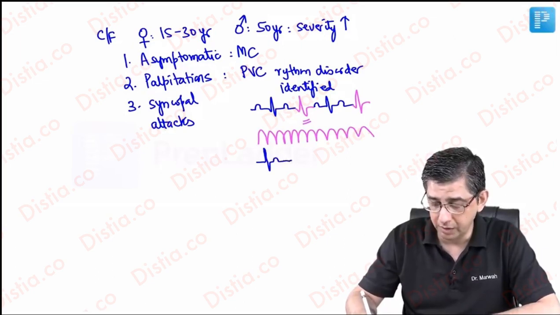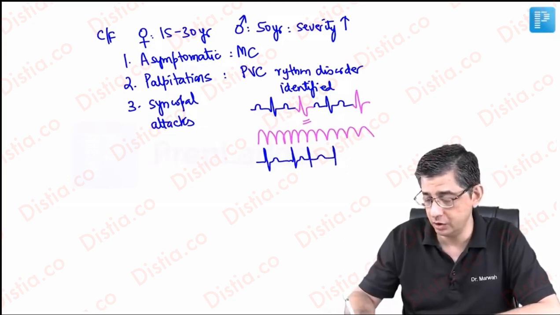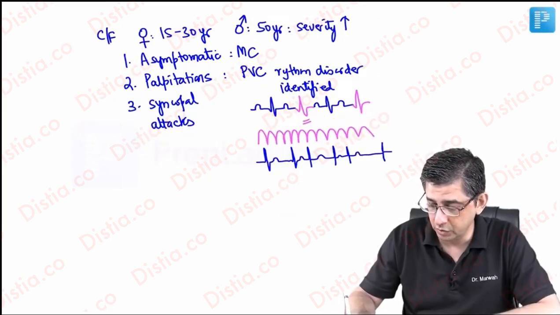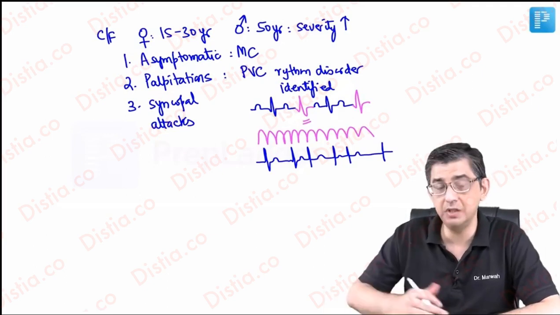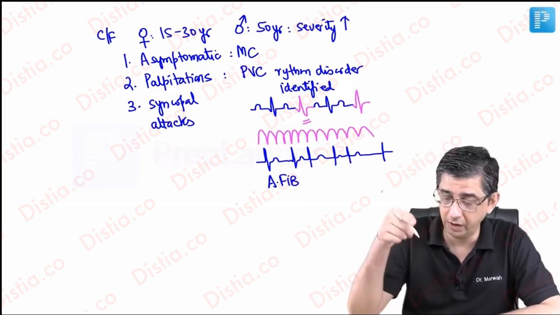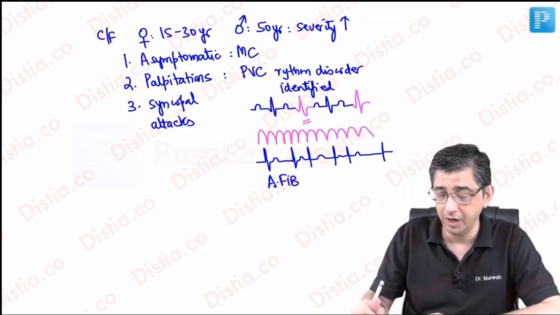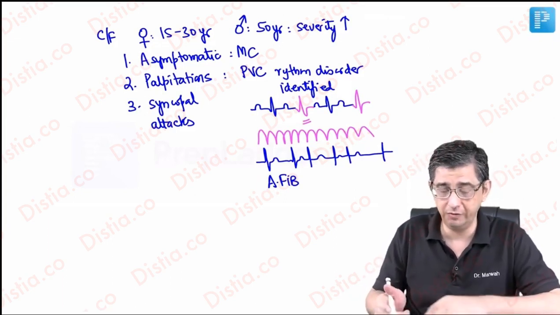And what I've done in the ECG of this patient is that I have tried to highlight a very characteristic variable RR interval. Now, if you look at this ECG, though I have discussed the ECG component separately, you will notice that the RR interval in the ECG of the patient is not constant. The RR interval is changing. So you can not only have ventricular tachycardias, but you could also have atrial fibrillation developing in patients of MVP, thanks to the structural damage to the left atria.